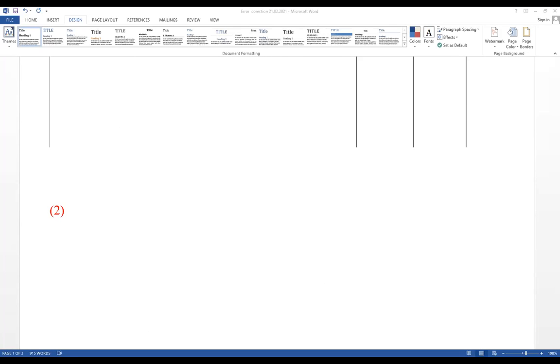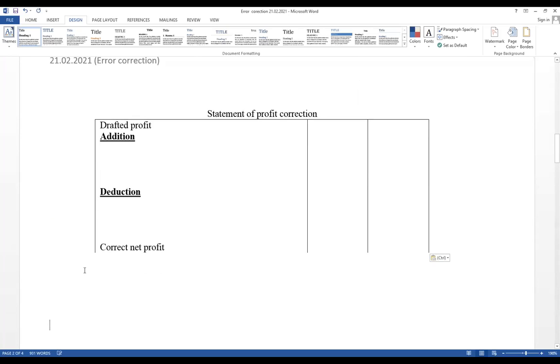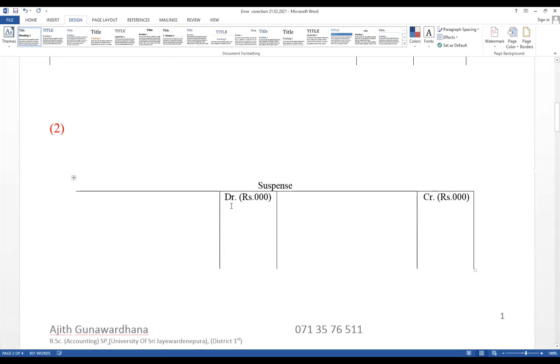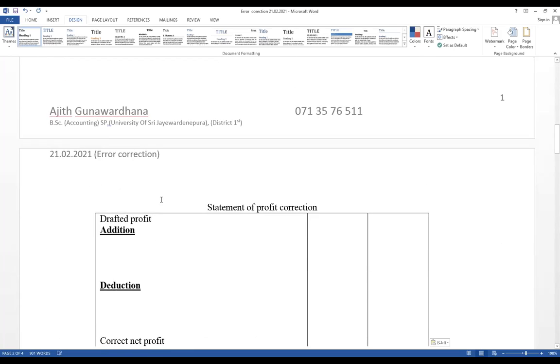As well as the statement of profit correction, there are 3 requirements. Second one, the suspense accounts: debit side, credit side, normal T account. And the statement of profit correction, third requirement.